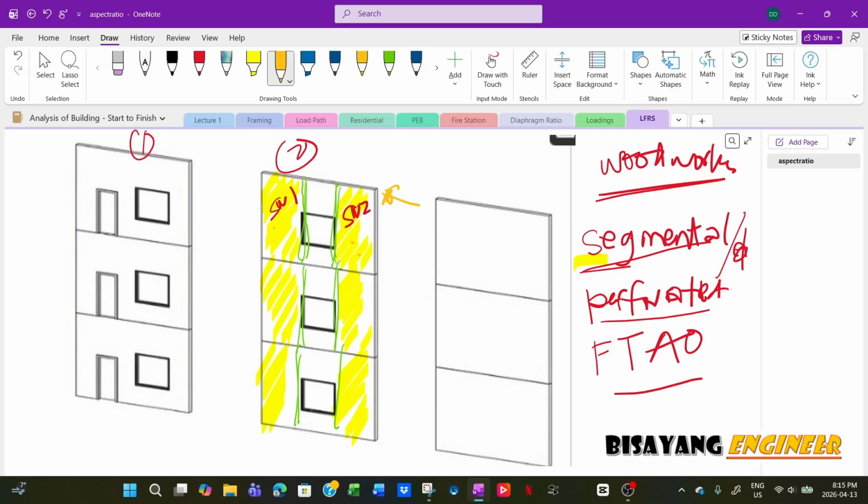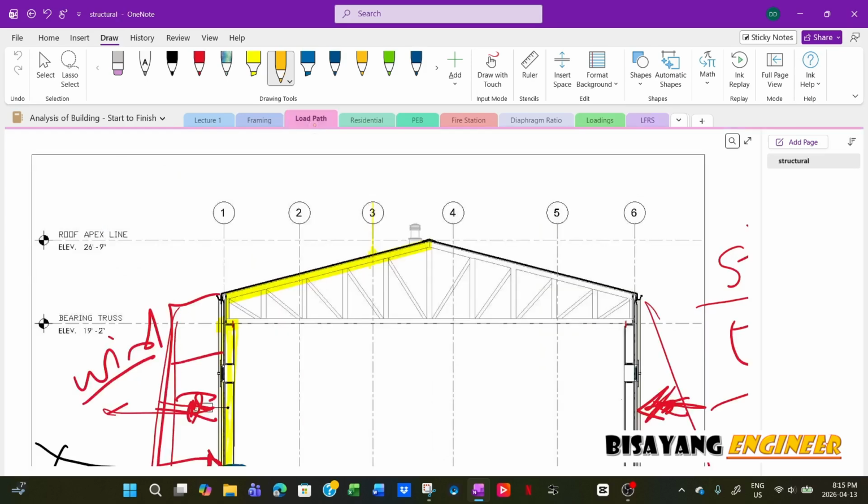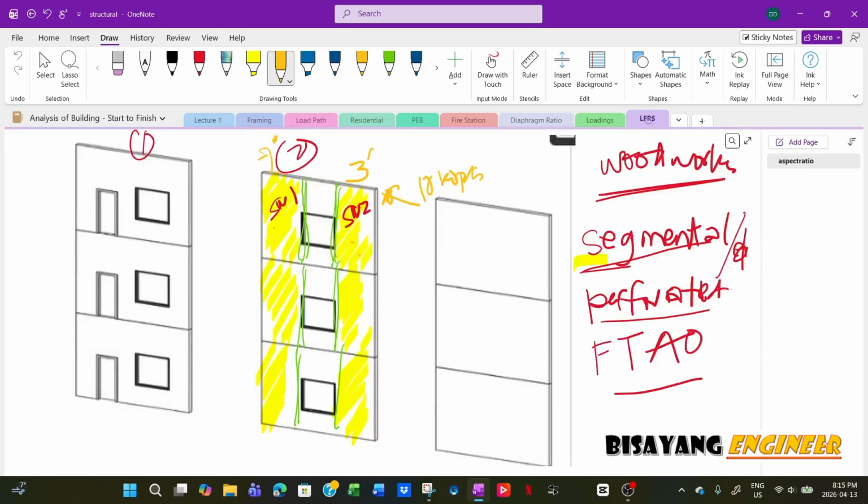Now for wood shear wall, what I typically do is, for example, say for the sake of discussion this is 3 feet, and this is 7 feet, and the load is 10 kips. Therefore the total length of your shear wall is 7 plus 3, which is 10 feet.